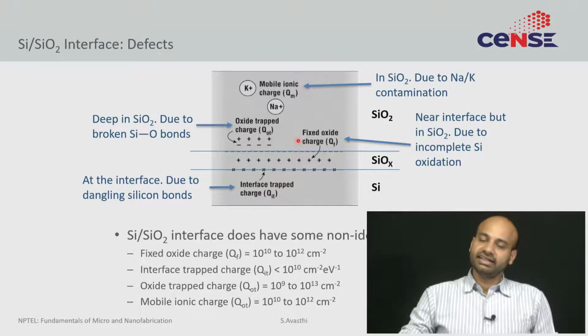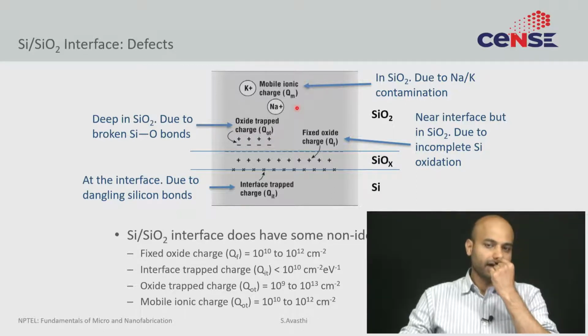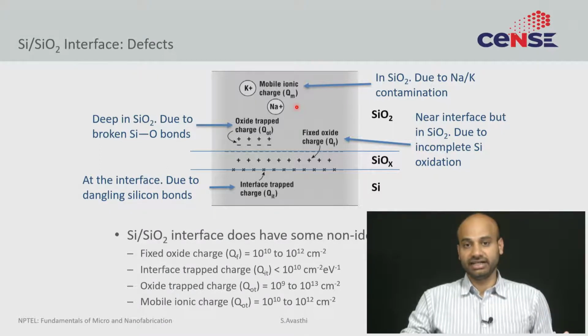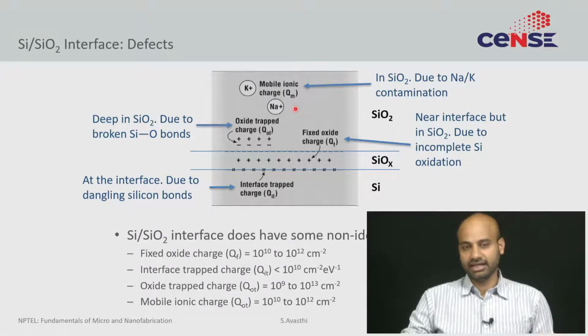Another type of defect that can exist in the bulk of the silicon dioxide is mobile ions. We try very hard through cleaning, use of the clean room, and ultra pure chemicals, that we never have sodium or potassium contamination. Practically, there is always a little bit of ionic contamination, no matter how much we try.